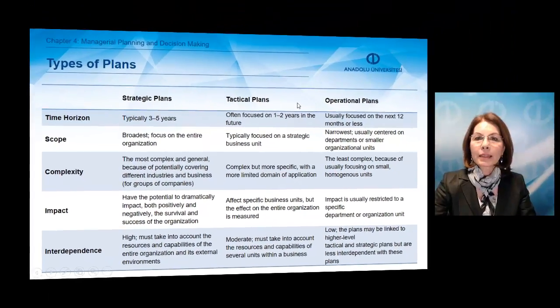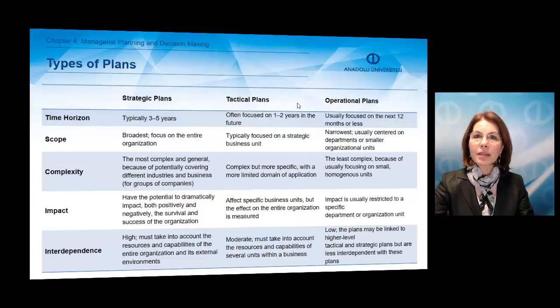Other than the levels of plans, there are different types of plans as well. And types of plans are categorized in three main groups, which are strategic plans, tactical plans, and operational plans. Remember the previous information about levels of plans.